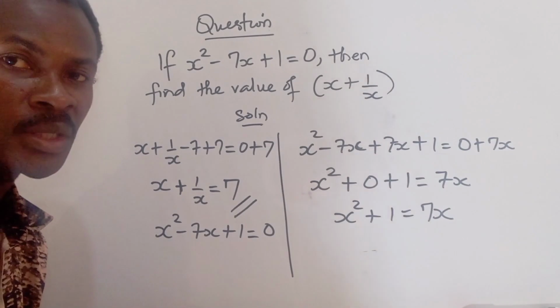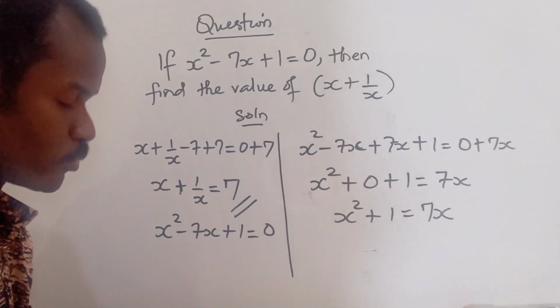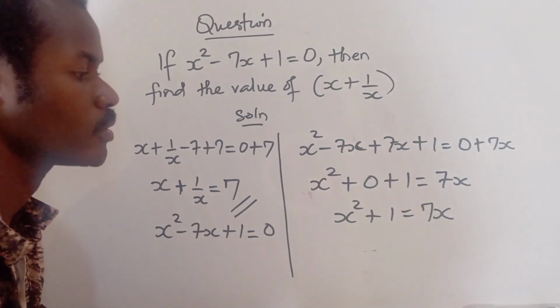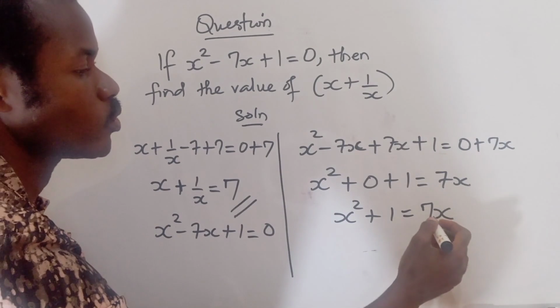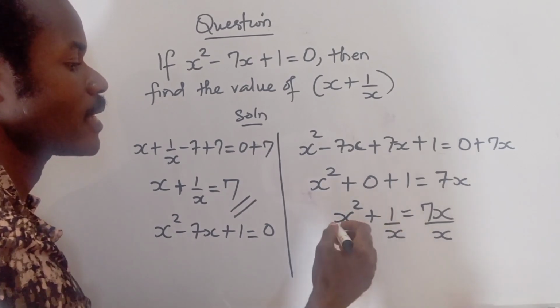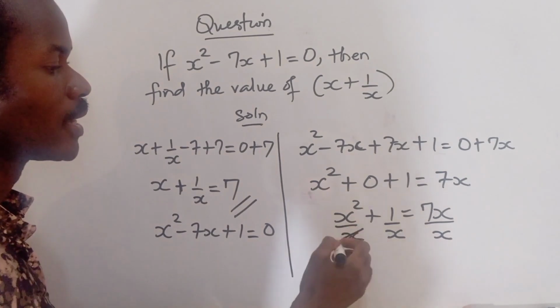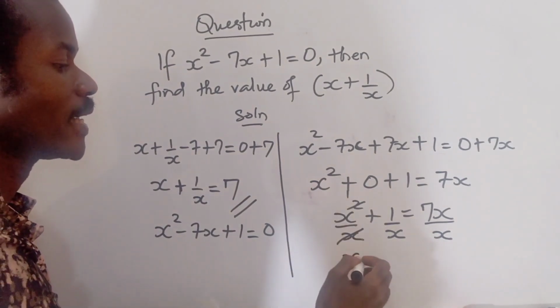So this is another approach with which you can solve this problem. Now, at this point, you can now divide all through by x. If I divide this by x, I'm going to divide this by x, I'm going to divide this by x. So if we do that, x will cancel one of these here, so we have x.